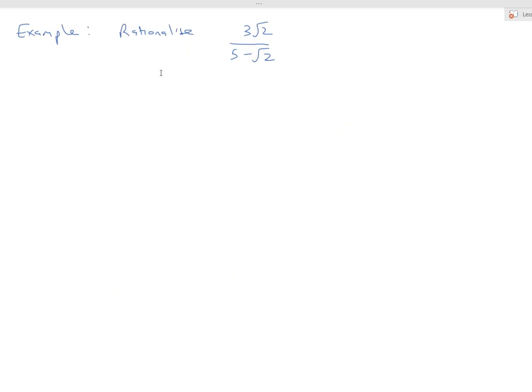So in this example we're going to try and rationalize 3 root 2 divided by 5 minus root 2. So we write that again, 3 square root of 2 divided by 5 minus root 2, and that's going to be equal to 3 root 2 all over 5 minus root 2. What are we going to multiply that by?